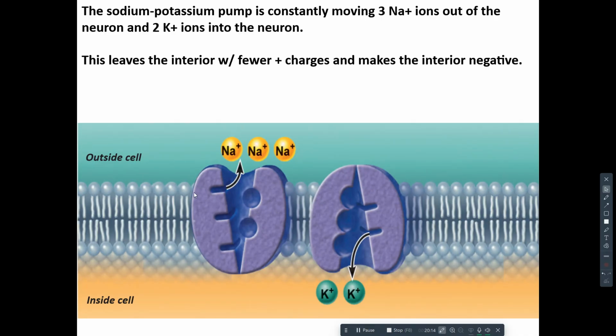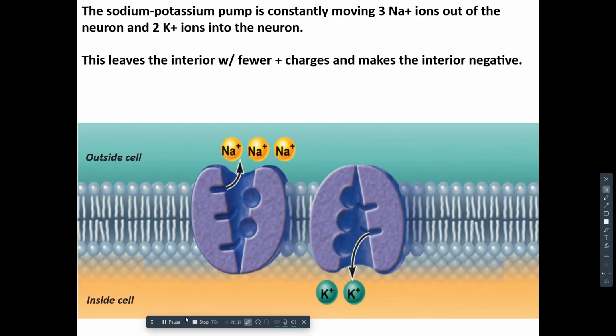So throughout our neurons, dendrite, soma, axon, there are lots of sodium-potassium pumps. Here's the phospholipid bilayer of the membrane. Here is the protein, the sodium-potassium pump. It's constantly breaking down ATP to move 3 sodiums out and 2 potassiums in.